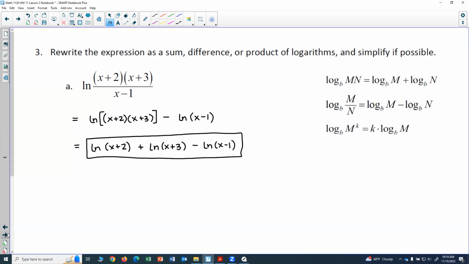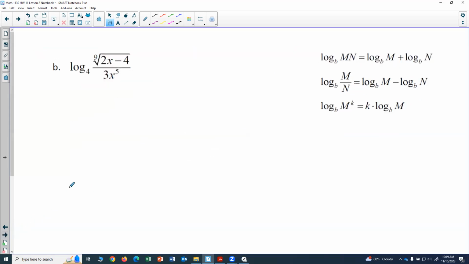Let's look at one more example that's slightly more complicated. We have log base 4 of the 9th root of 2x minus 4 over 3x to the 5th. All right, so what I want to do is first use this quotient property, log base b of m over n equals log base b of m minus log base b of n.